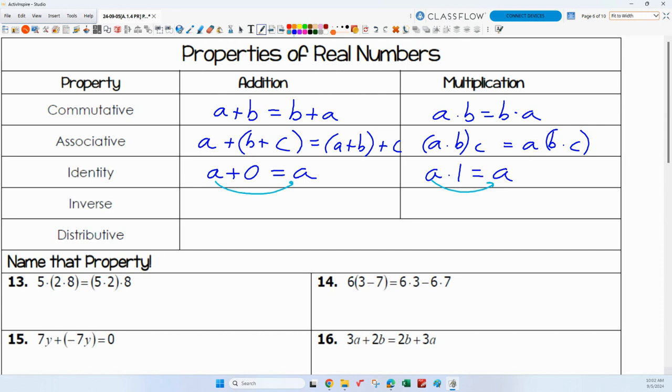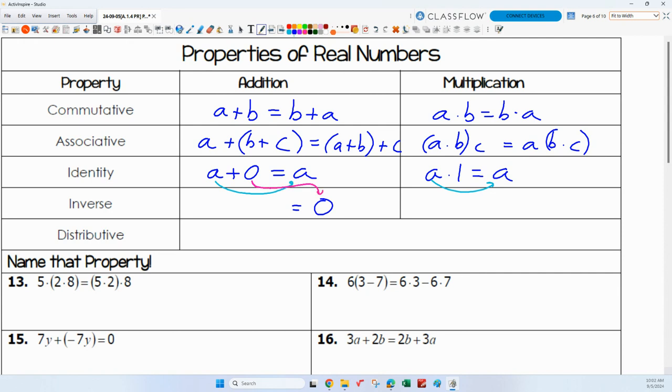Now the inverse property, remember when we do the inverse property for addition, what does our sum have to equal? Yeah, exactly. It has to equal 0, whatever that magic identity number was that we used in the identity property, 0.